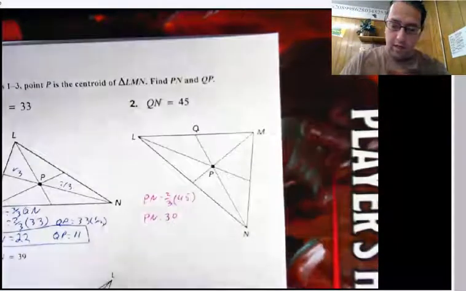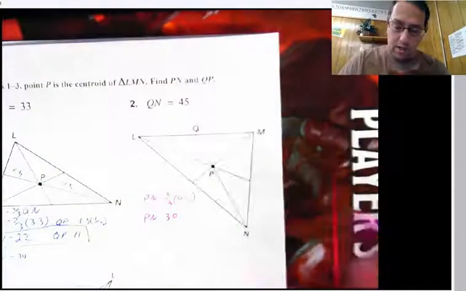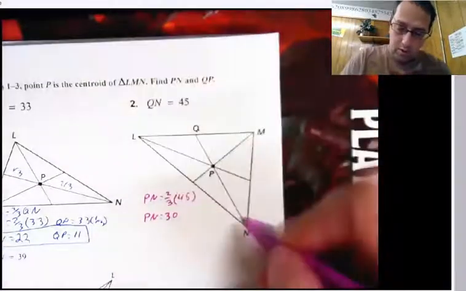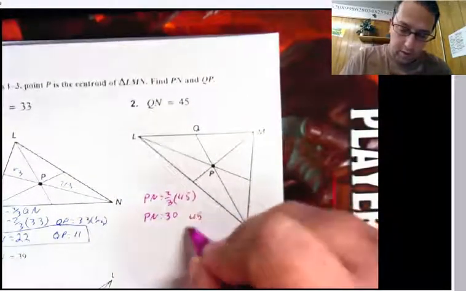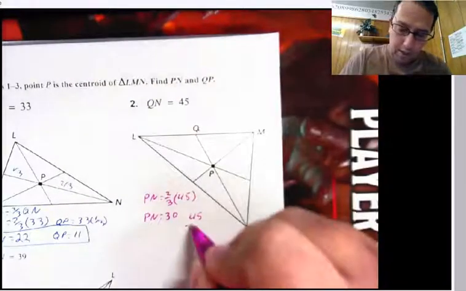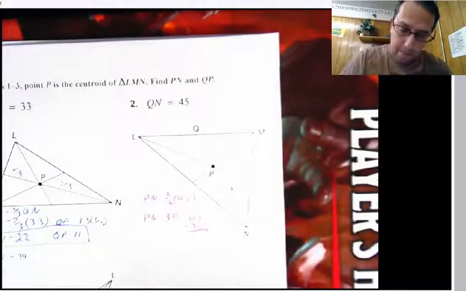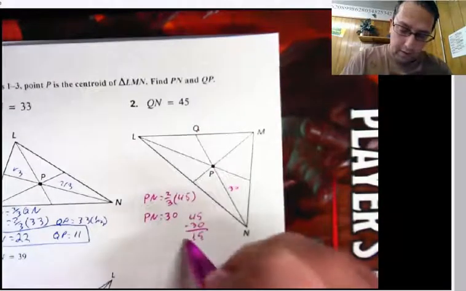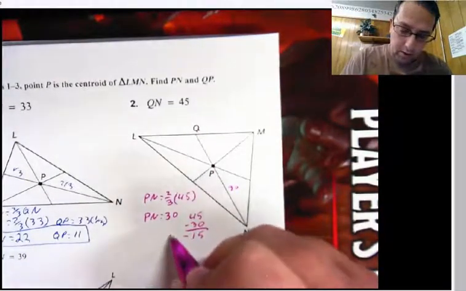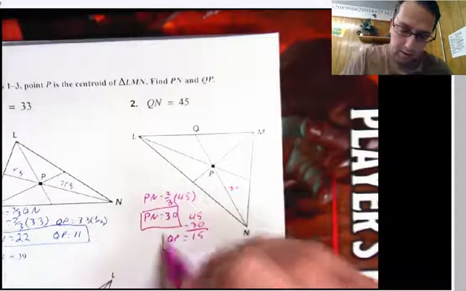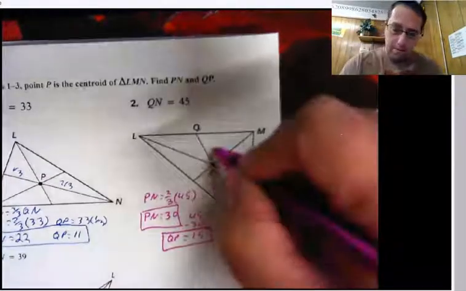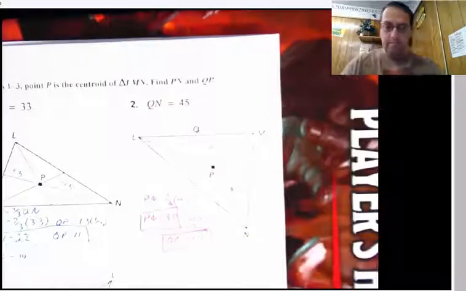There's PN. Now we need to find QP. Another way we could do this, well, the whole thing is 45 minus PN, so minus 30, right? Because this is 30. So this must be 15 for QP. Those are my answers. Going to put a box around those. So we'll put that there, 15.